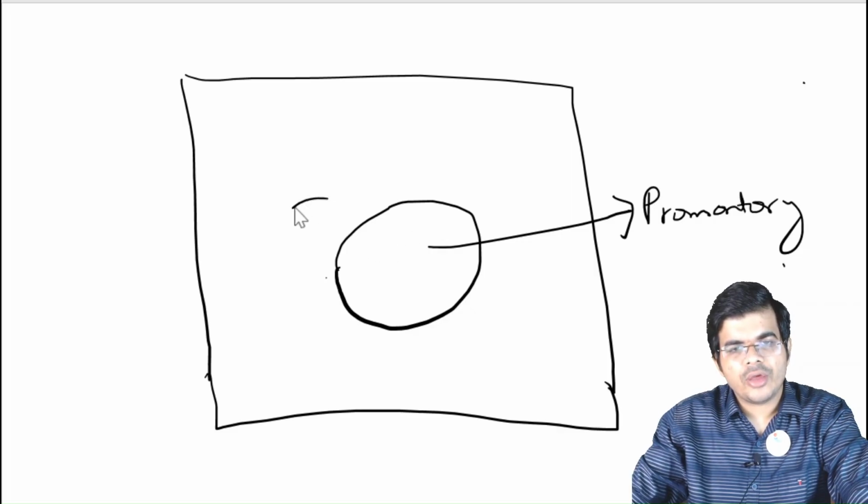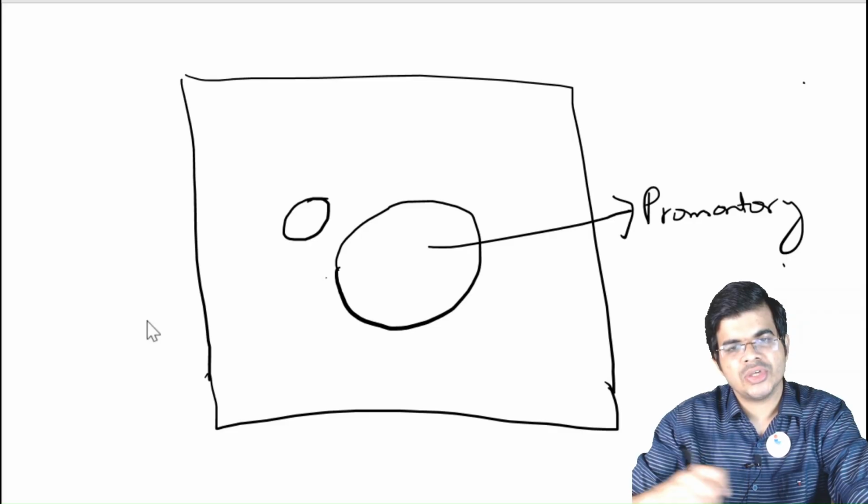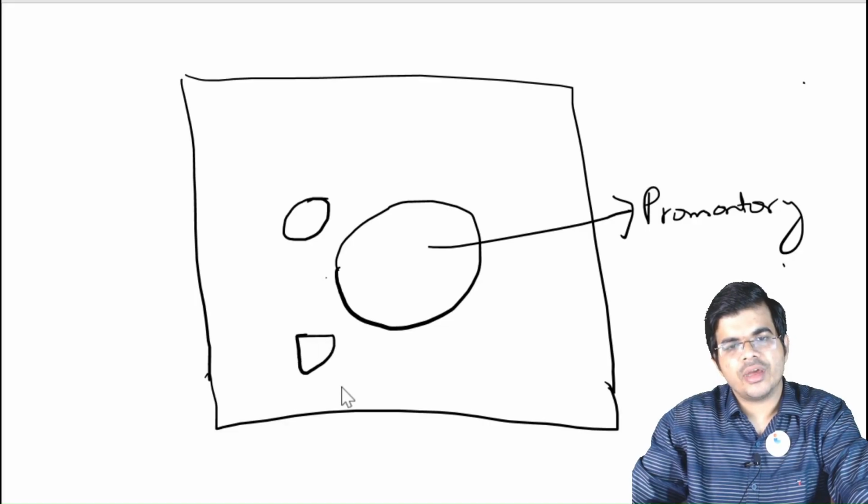Above the promontory you have the oval window, which is in fact not seen in real life because it is covered by the footplate of stapes. And postero-inferiorly, you have the round window. So this is the oval window, this is the round window, and this is the promontory.